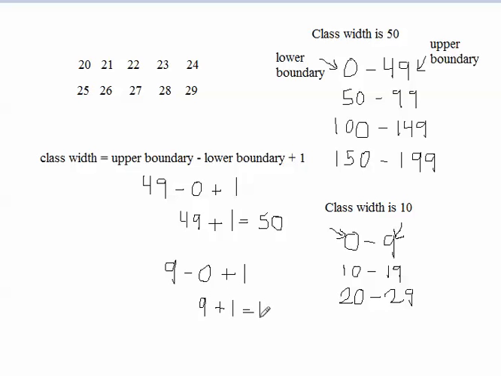So we get our class width of 10 using this formula. One thing you have to remember is that the class width and class interval are two different things. That's one thing that confuses a lot of people on a multiple choice test, is the difference between a class interval and a class width. So if you're taking an exam, it's a good idea to make sure that you remember the difference between those two concepts.